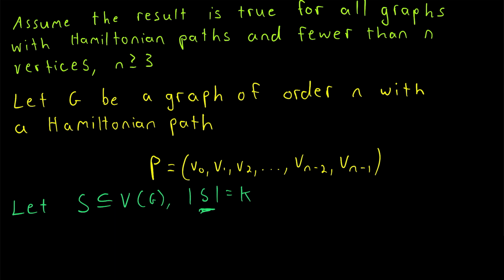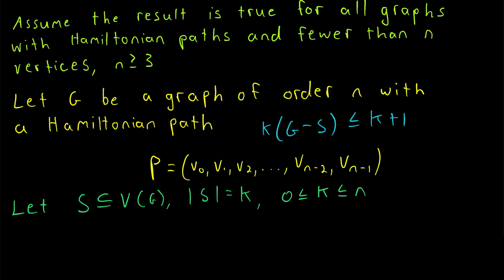So S could contain any number of vertices that we could possibly delete from G, ranging, of course, all the way from 0 up to the maximum number of vertices we could delete being n, all the vertices. Then, of course, our goal becomes to show that the number of components in the graph G minus the set S of k vertices is less than or equal to k plus 1.